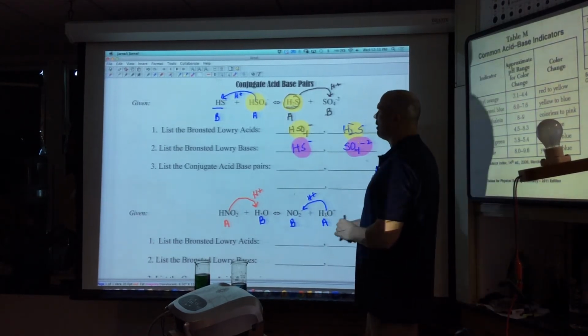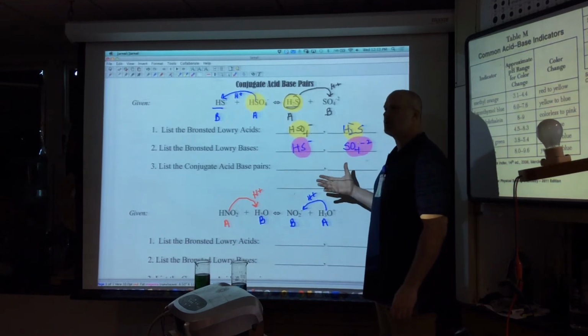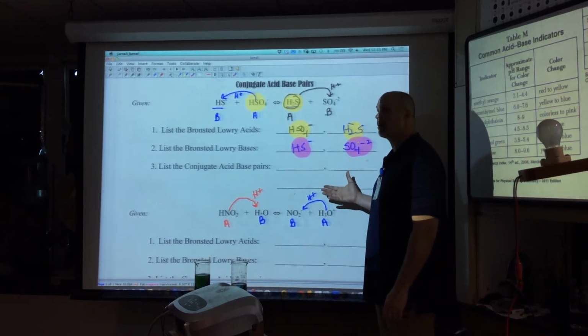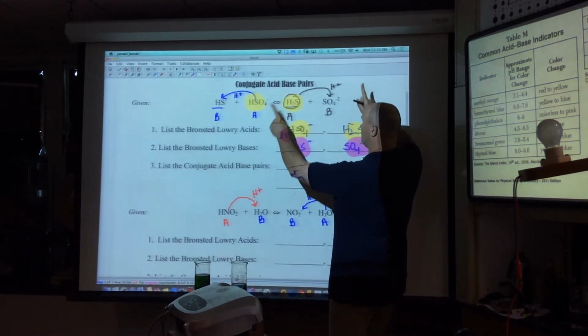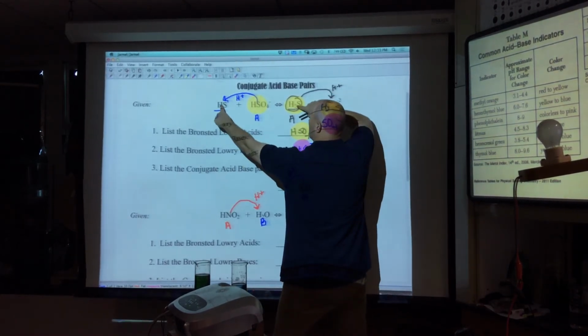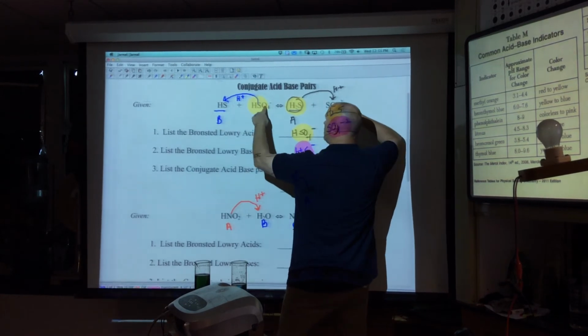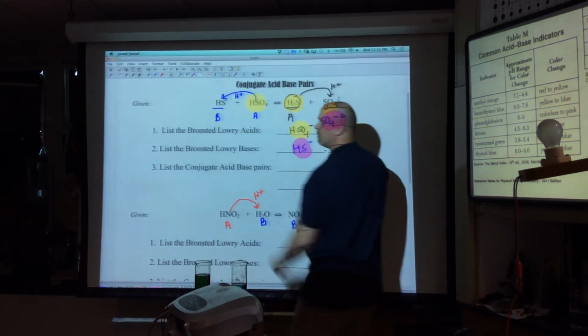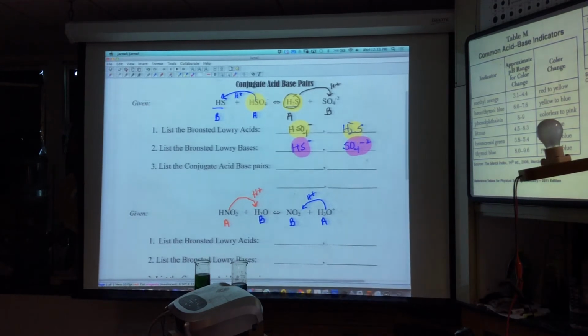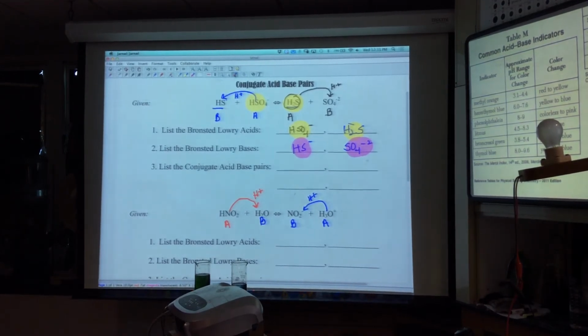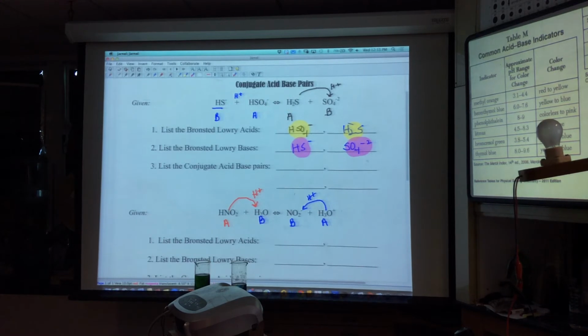Okay. Now, I'm not going to write this, but can you give me a conjugate acid-base pair? Can you give me the same chemical? It's an acid and base. Do you see the same chemical? Yes. So I just erase all of this so it makes it clear. The conjugate acid-base pairs are here.